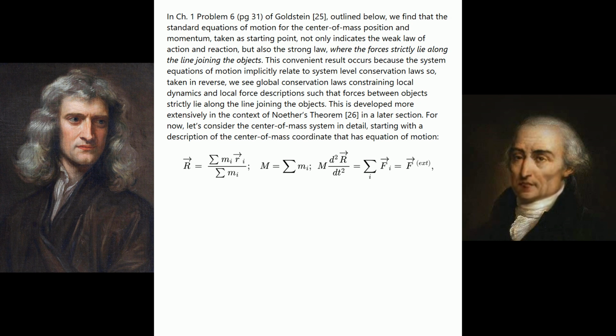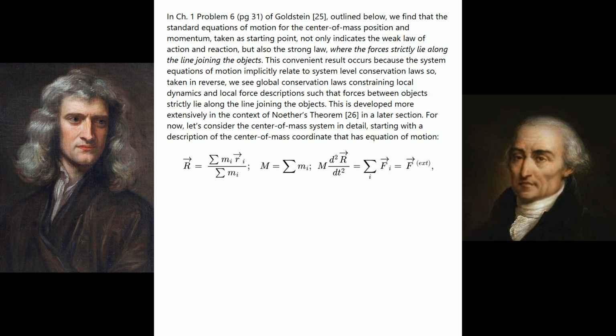This convenient result occurs because the system equations of motion implicitly relate to system-level conservation laws, so, taken in reverse, we see global conservation laws constraining local dynamics and local force descriptions such that forces between objects strictly lie along the line joining the objects. This is developed more extensively in the context of Noether's theorem in a later section.